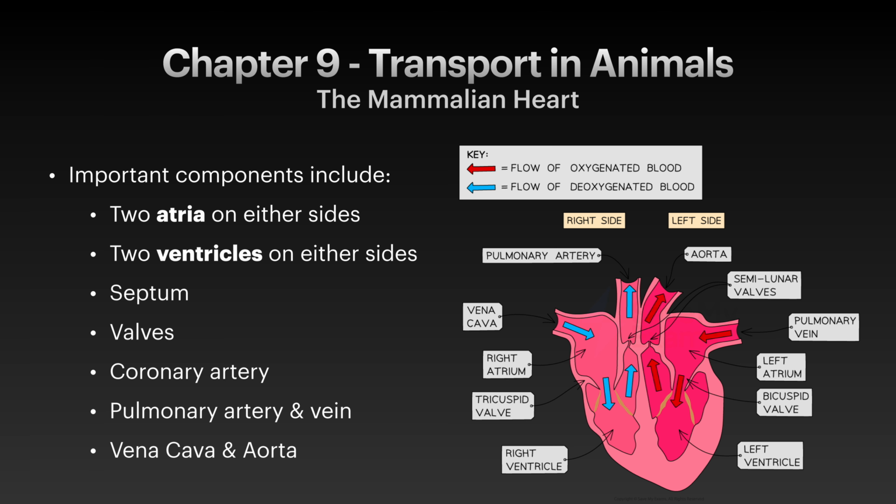We have the left and right atria, the upper chambers that receive the blood, and the left and right ventricles, the lower chambers that pump blood out. We have the valves, which ensure one-way flow of the blood, and the coronary arteries that supply the heart muscle itself with oxygenated blood.